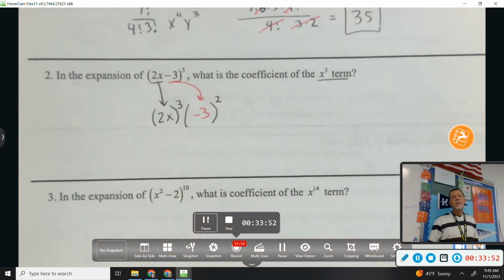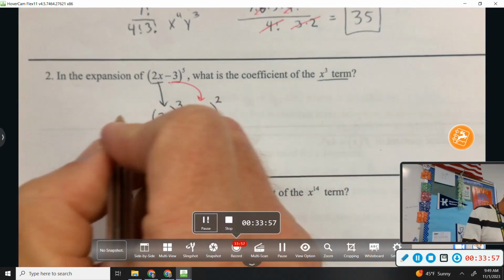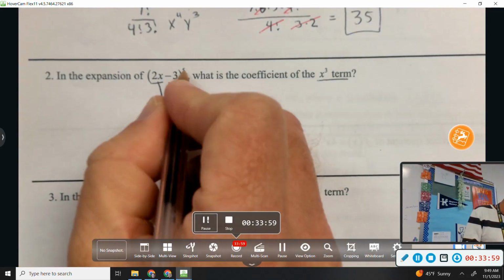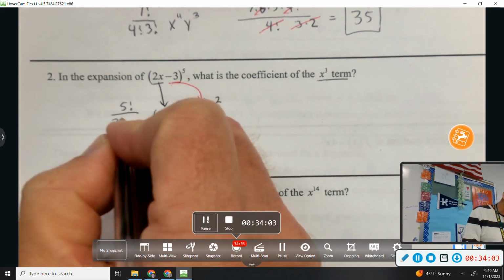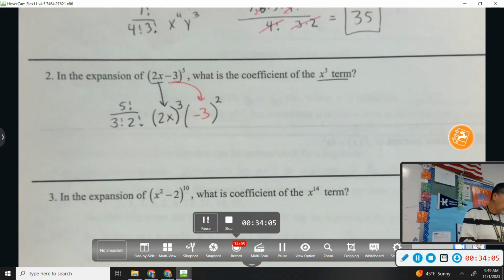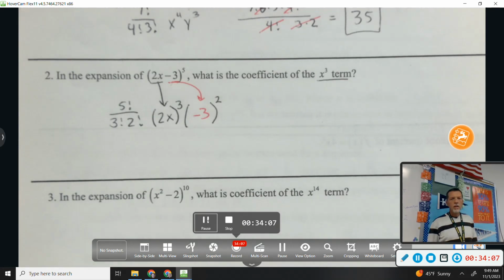And then the coefficient, at least sort of the shortcut coefficient, is 5 factorial, that's the big one. And then the two pieces are 3 and 2. So got to kind of put all of that stuff together now.